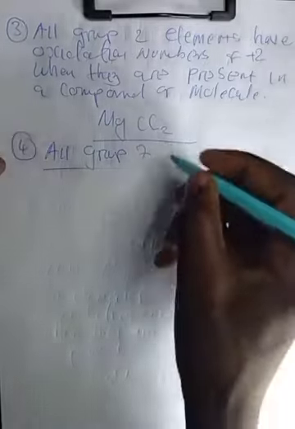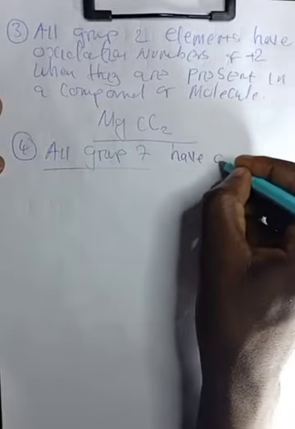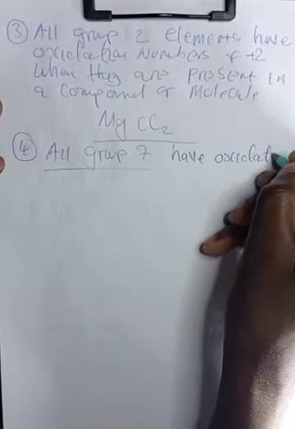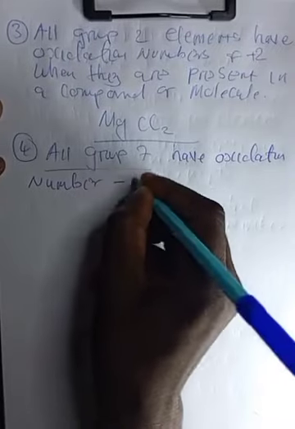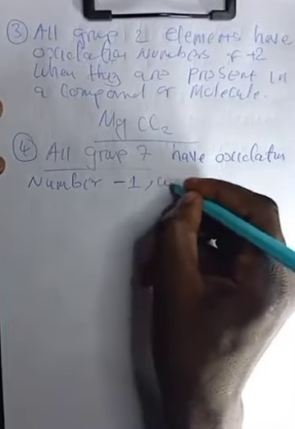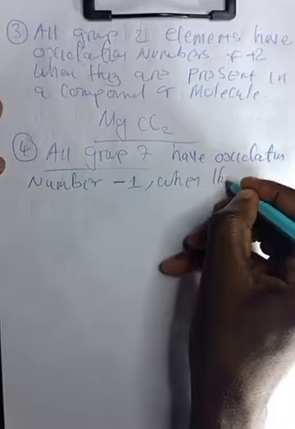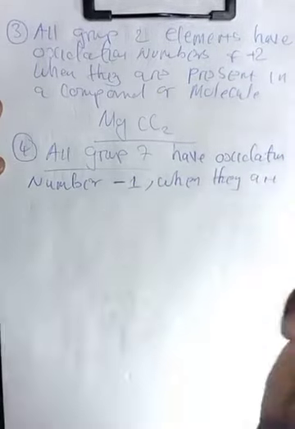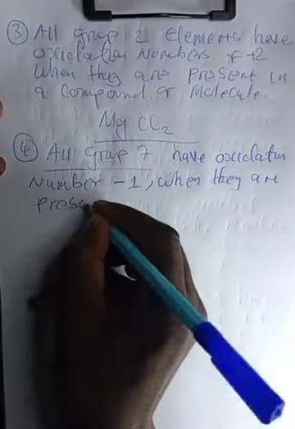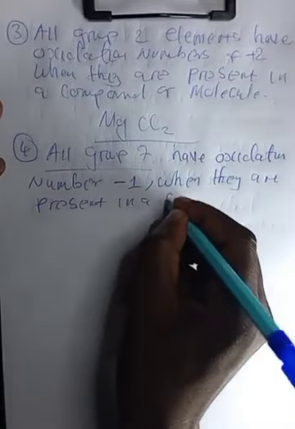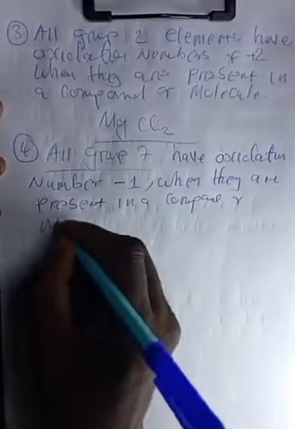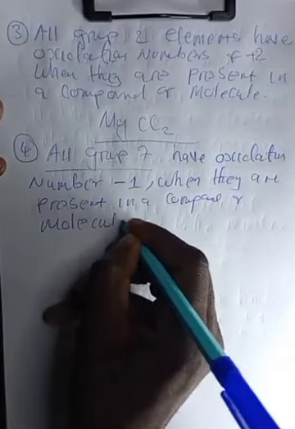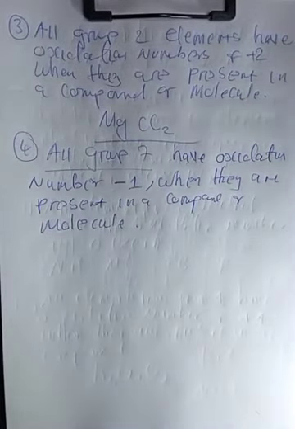All group 7 elements also have an oxidation number of -1, in the same way, when they are present in a compound or molecule. So same concept.